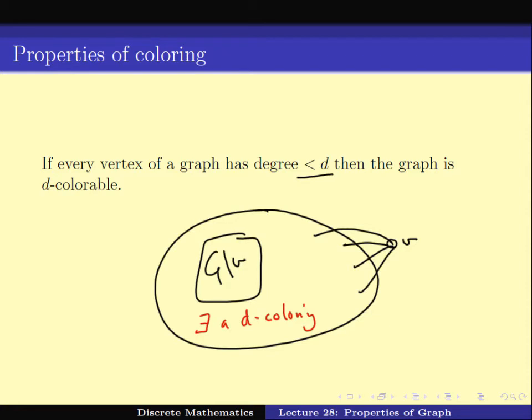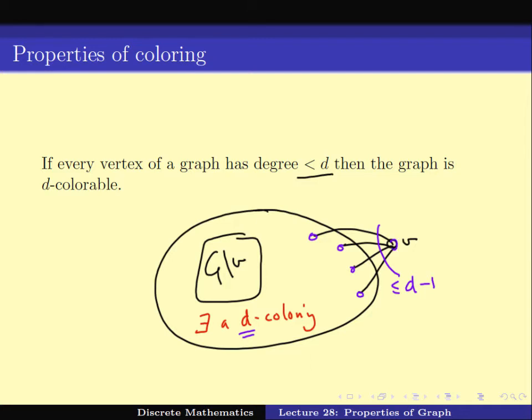Now consider V. The question is, what do you color V? Now V has how many neighbors? It has less than d, that means at most d minus 1 neighbors. So the neighbors use at most d minus 1 colors. So if I have d colors, one of the colors must be missing from the neighbors.